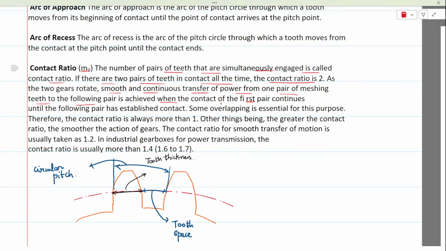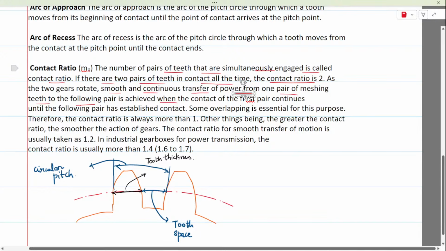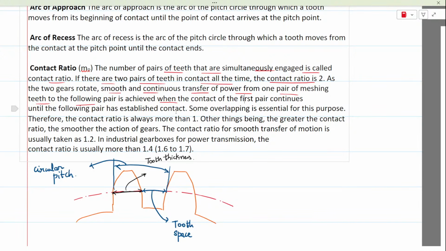The contact of the first pair continues until the following pair has established contact. So the first pair of teeth will stay in contact until they are going to separate from each other. When the separation has started, the next consecutive teeth get into action.